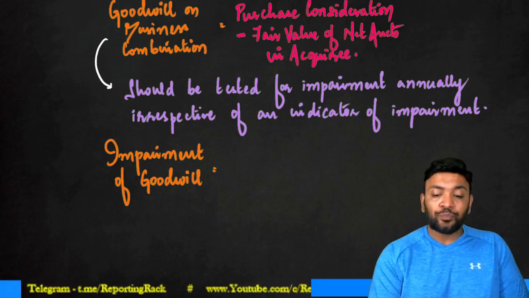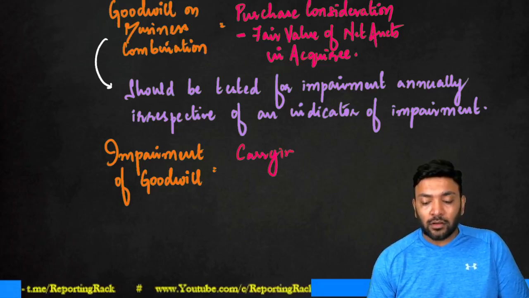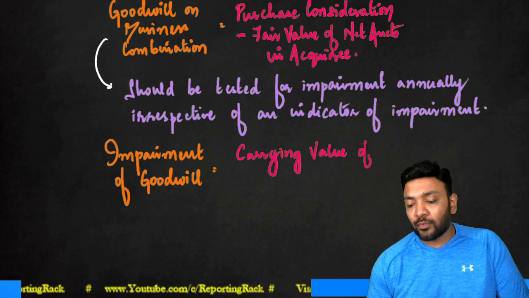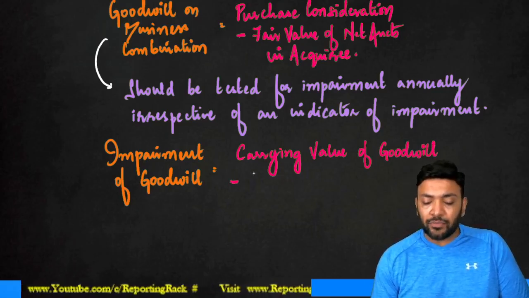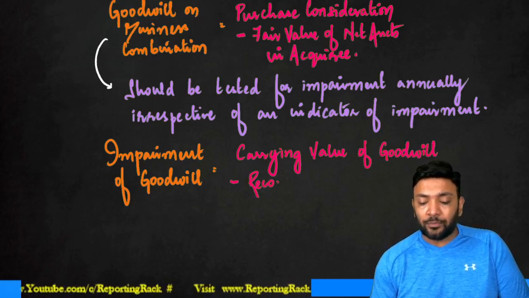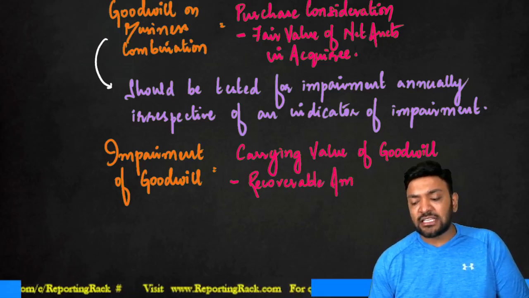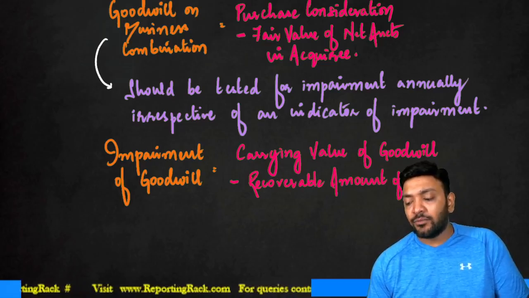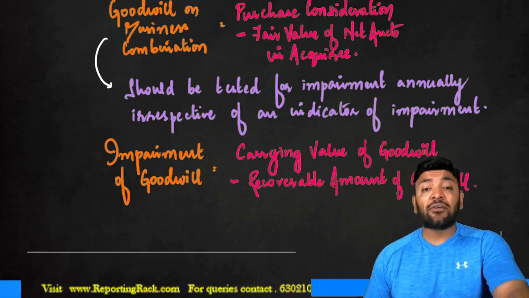Impairment is equal to carrying value of goodwill minus recoverable amount of goodwill. Correct? This is the same formula that we applied for all the assets under Ind AS 36. There is no difference even for goodwill. But look at what is recoverable amount now.